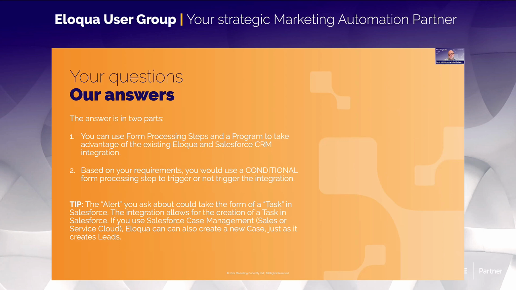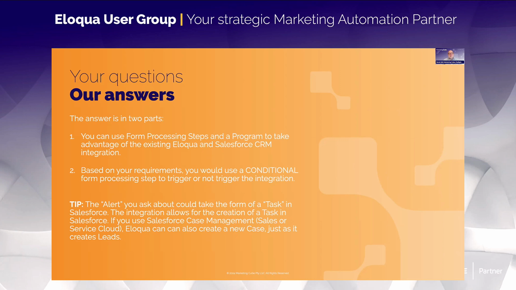Regardless of which it is, you could then create a separate update in the form processing steps to actually create a task or an activity within the platform. So the term that was used was an alert. The actual phrase from a Salesforce point of view would probably be a task. Okay.